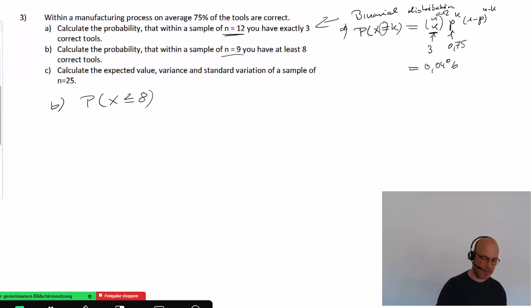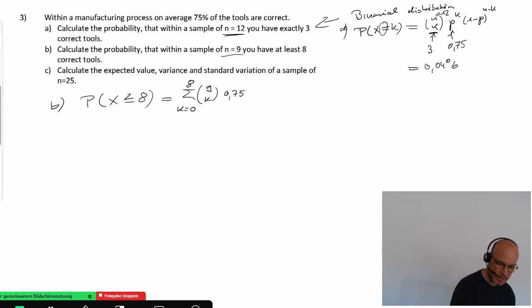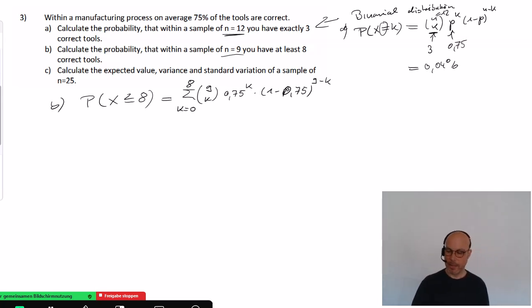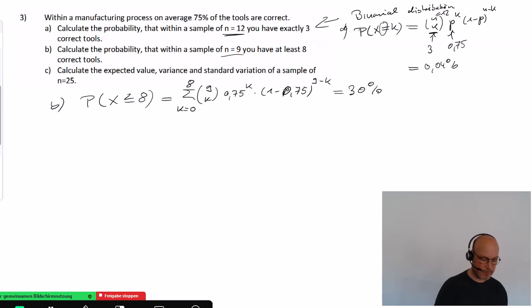We have 8 correct tools. So this would be then the sum of k equals 0 up to 8, 9 over k times 0.75 to the power of k times (1 minus 0.75) to the power of 9 minus k. Again, just inserting all this, we obtain roughly 30%.